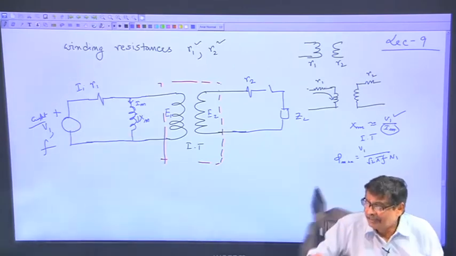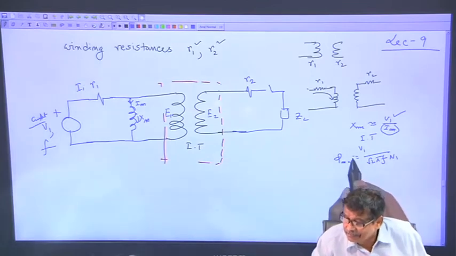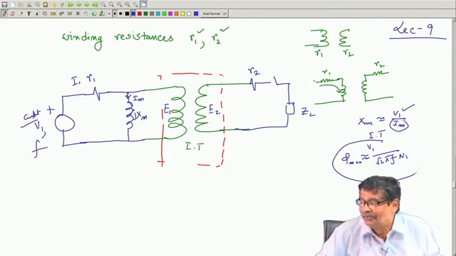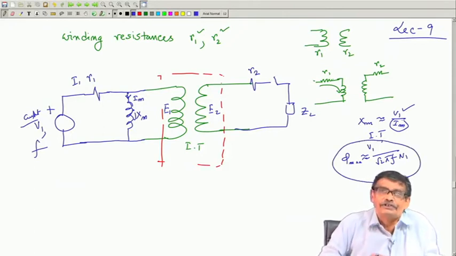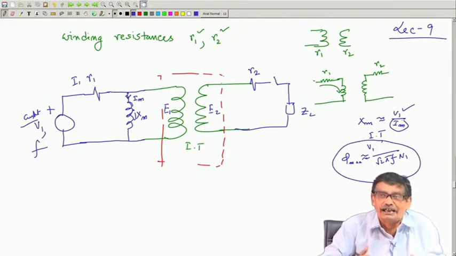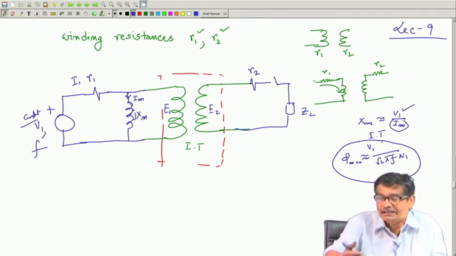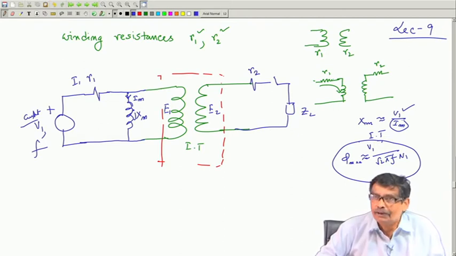Therefore, what people say is that phi max will be approximately constant, because you have certainly not designed a transformer with high values of R 1 and R 2, otherwise no one is going to buy your transformer. Why? There will be unnecessary power loss in the windings.